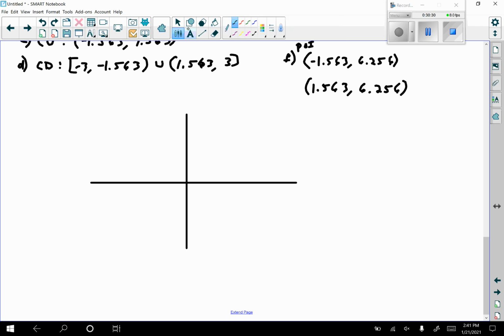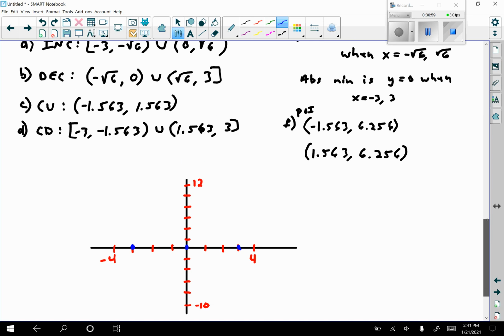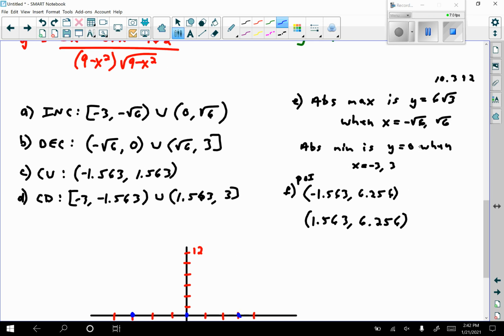So let's make a sketch. Because I have to go up to a little over 10, I'm going to count by 2's on my y-axis. All right, so I know at -3 we're at 0, +3 we're at 0. Oh, I forgot that. Also, the absolute min when x is also equal to 0, so let's put that in there.